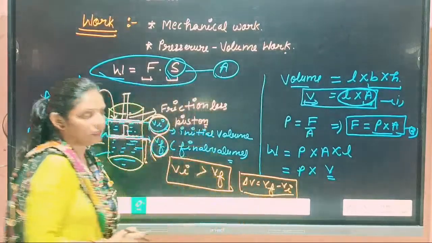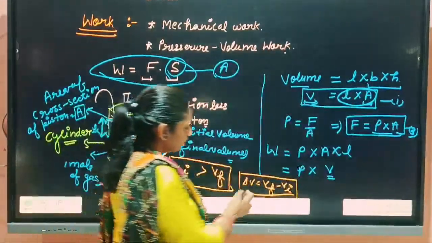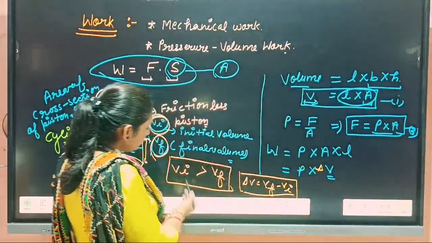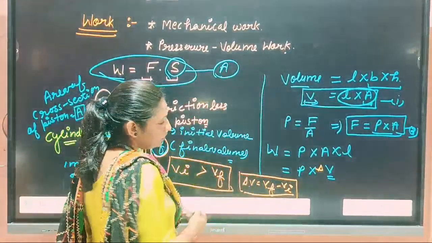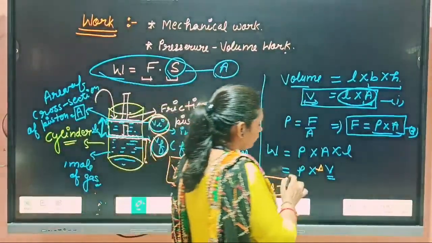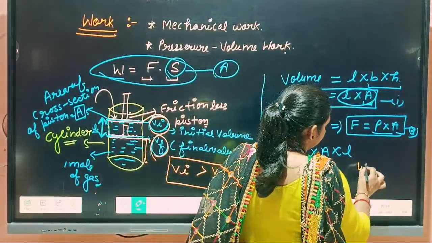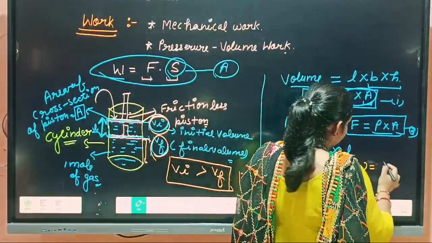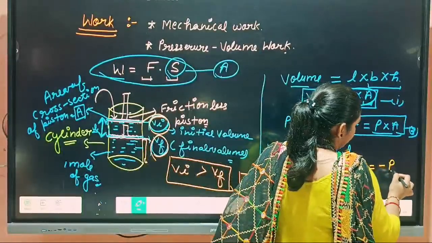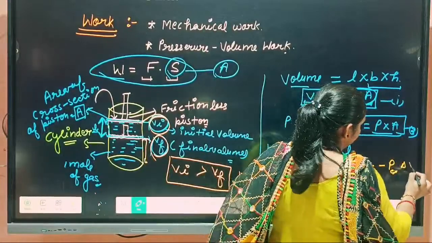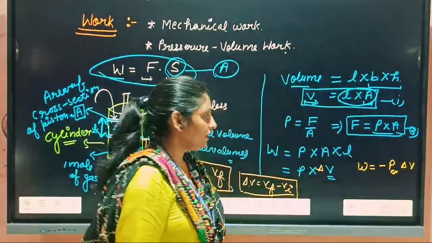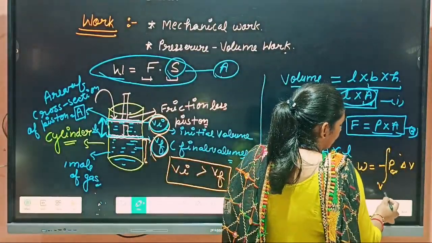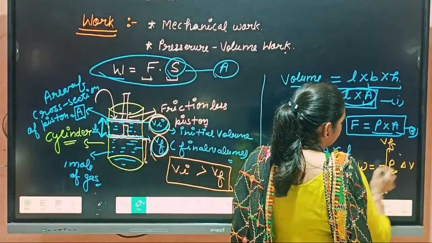Students, you can see that the change in volume is negative here because the final volume is less than the initial volume. So I can write it this way: minus P external del V. And this volume is going to change from Vi to Vf.